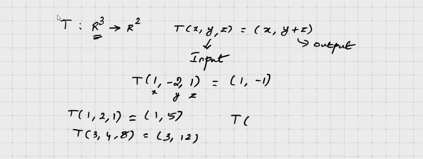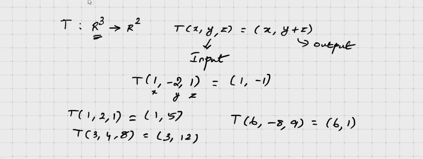T of 6 comma minus 8 comma 9 equals 6 comma 1. They used to give several inputs and their respective outputs like this, and they will ask you what the transformation is. That is what we are going to discuss in this video.